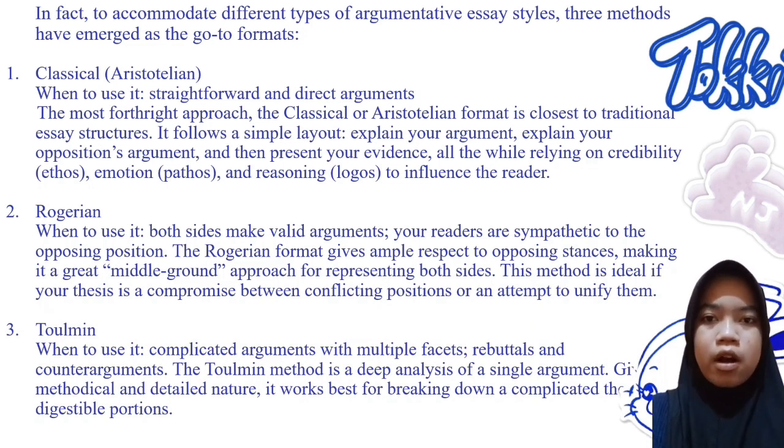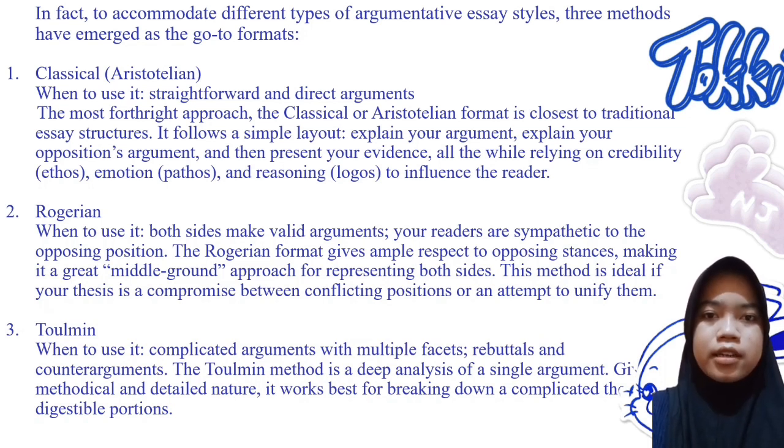The classical or Aristotelian format is closest to traditional essay structure. It follows a simple layout: explain your argument, explain your opposition argument, and then present your evidence, all the while relying on credibility (ethos), emotion (pathos), and reasoning (logos) to influence the reader.